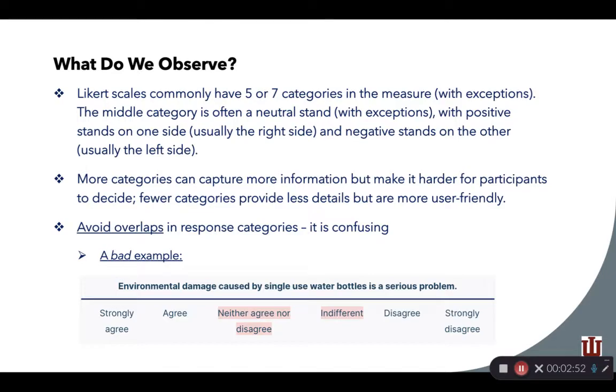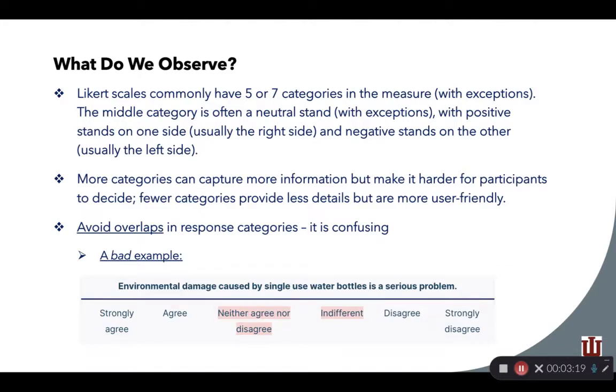And what do we observe? We can see the Likert scales commonly have 5 or 7 categories. With exceptions, the categories can be either even numbered or odd numbered. With odd numbered categories, we can set the mid category as a neutral category.